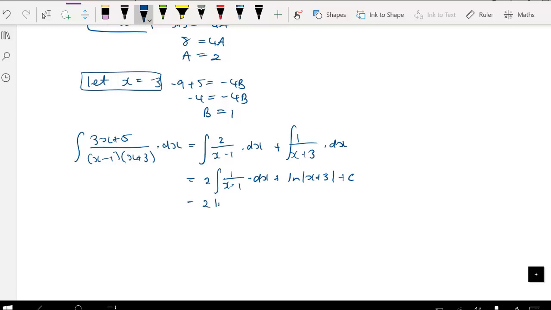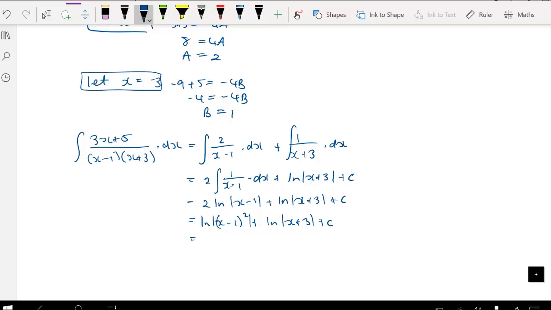So now we've got 2 ln|x - 1| + ln|x + 3| + c. And using our log laws, we can say this is ln of (x - 1) squared, plus ln|x + 3| + c.